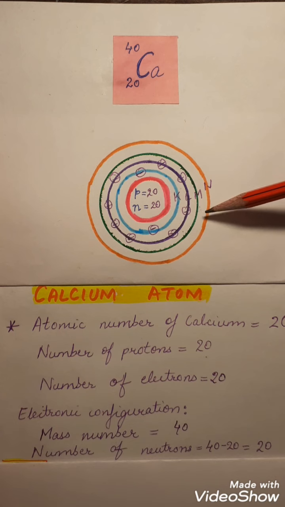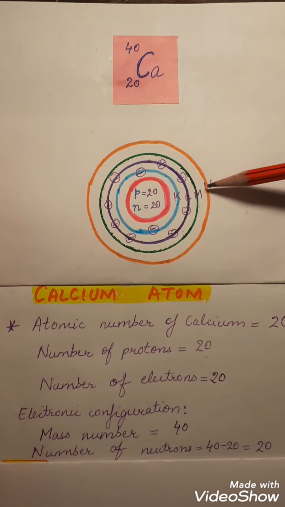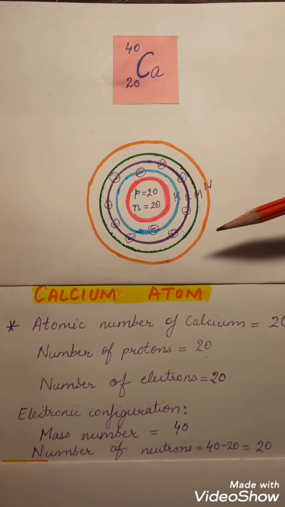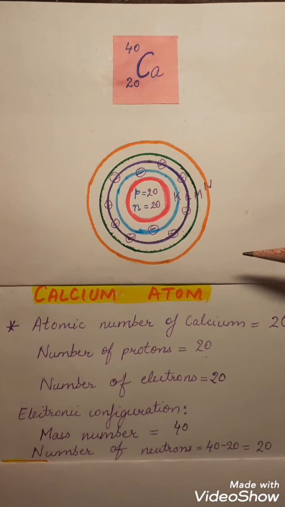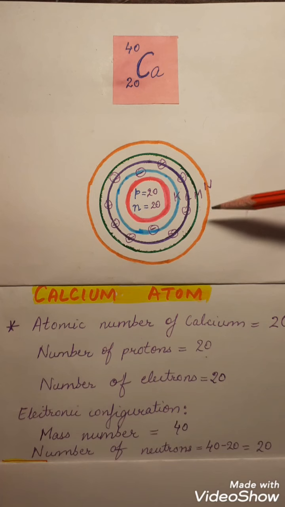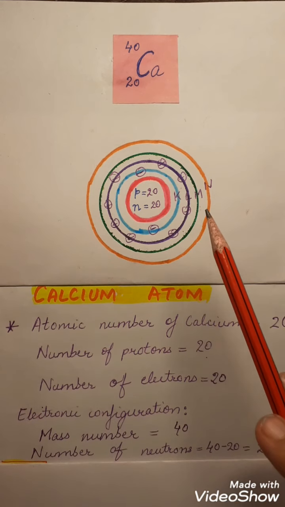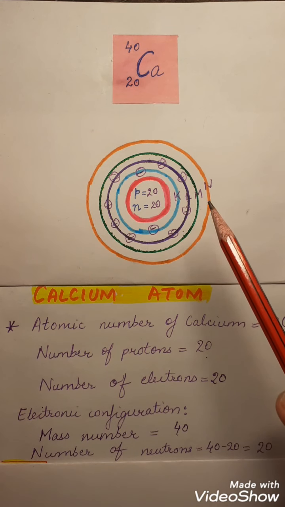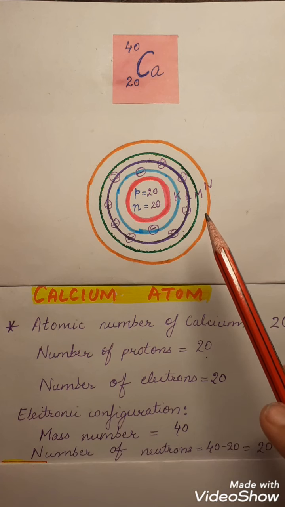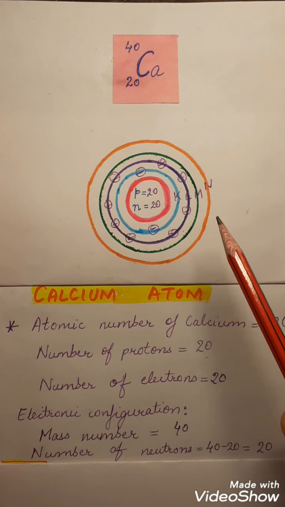The calcium atom will not require the fourth shell, the N shell, then. But this is not valid in chemistry. The valence shell or the last shell of an atom cannot take more than 8 electrons, even if it has the capacity to accommodate more electrons.